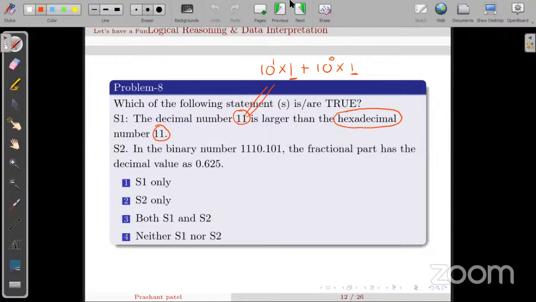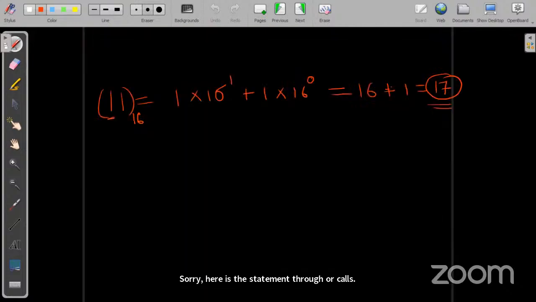Is this statement true or false? Definitely false, because we have said that 11 base 16 is 17.